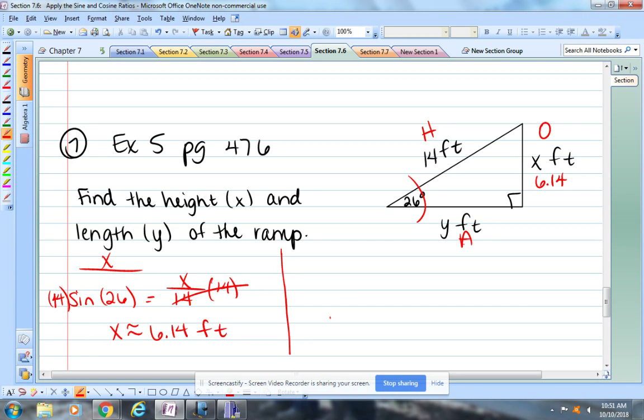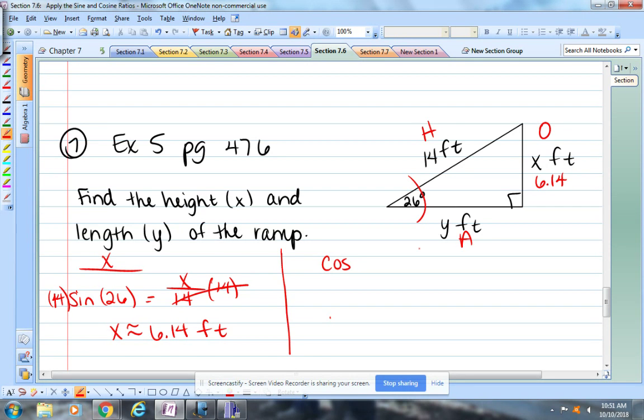However, didn't I round that number? So it's probably going to be more exact for me to use cosine. Because when we round, we just kind of throw off our accuracy. So to be more accurate, we could use cosine. So that's what I'm going to do.